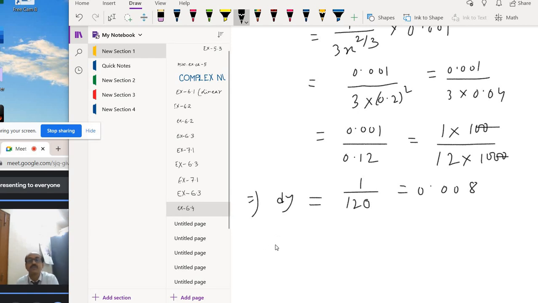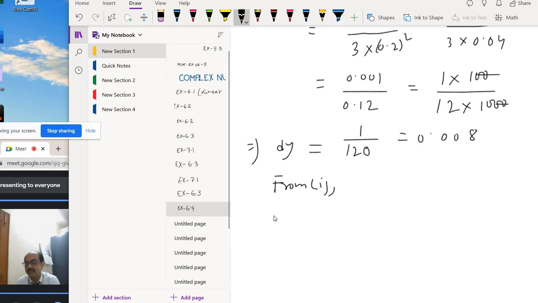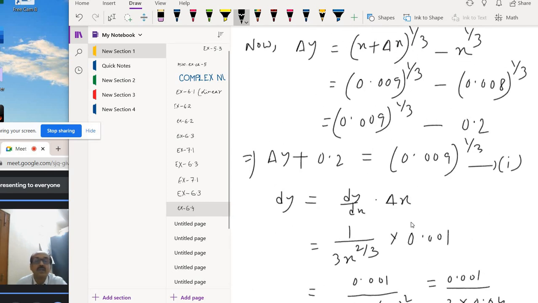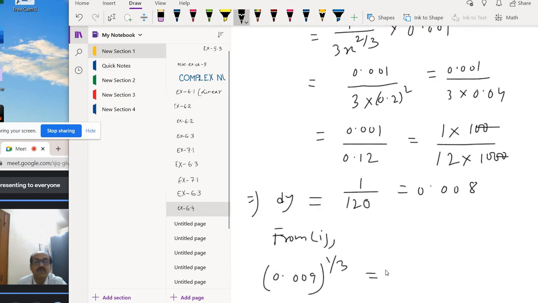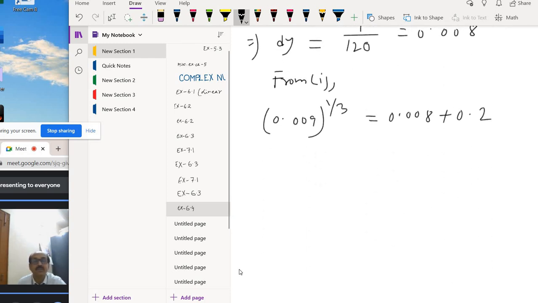Now from equation 1, 0.009 to the power 1 by 3 equals delta y plus 0.2, so 0.008 plus 0.2, which equals 0.208.